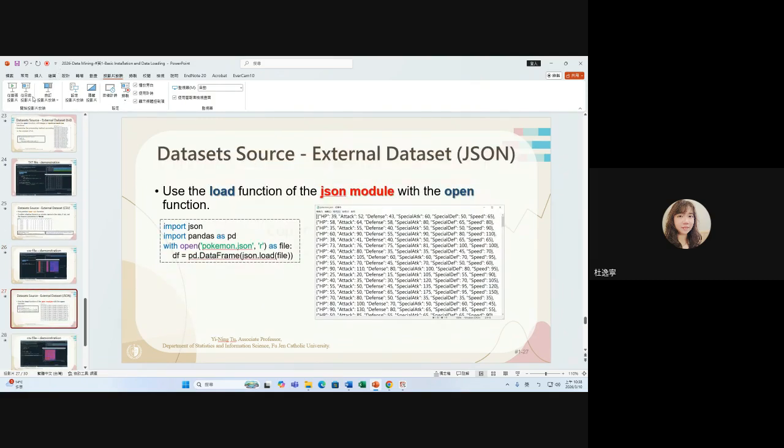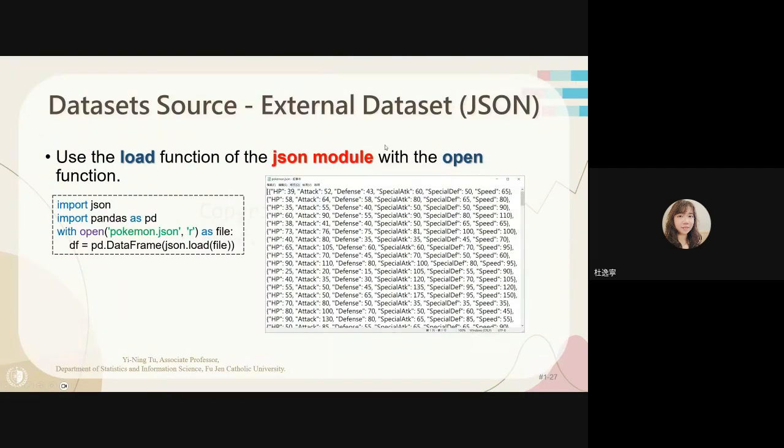Next one, we will use the JSON file. As we discussed, JSON is a lightweight data format based on JavaScript notation. You have to use with open, please on the line. We also use with open for the file, use the read type and code that as a file, for example.